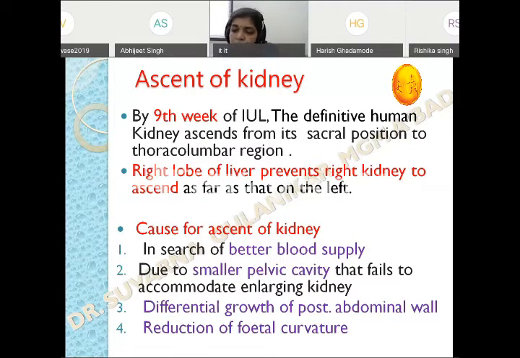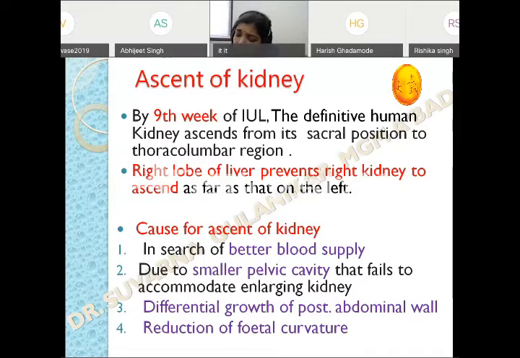Other pelvic organs start developing, so because of inadequate space, the kidney searches for larger space and starts ascending. The third reason is differential growth of the posterior abdominal wall. And the last one is reduction of fetal curvature. So these are the four important reasons because of which the kidney starts ascending. Okay.